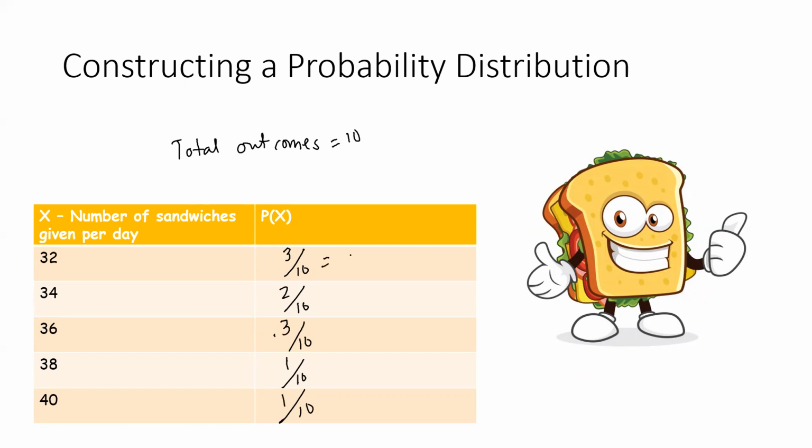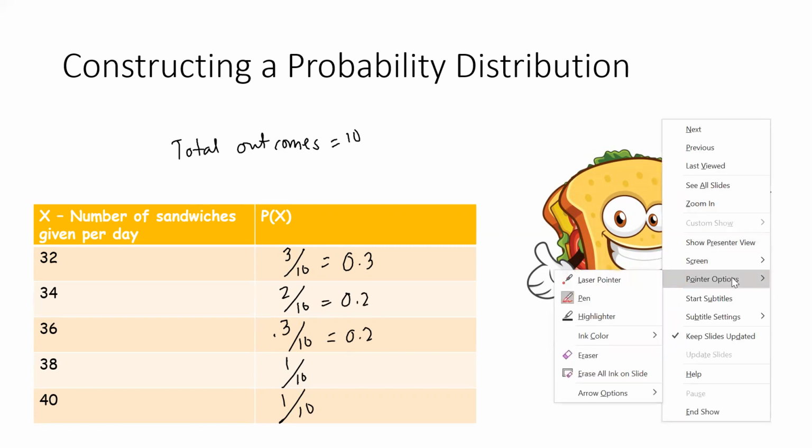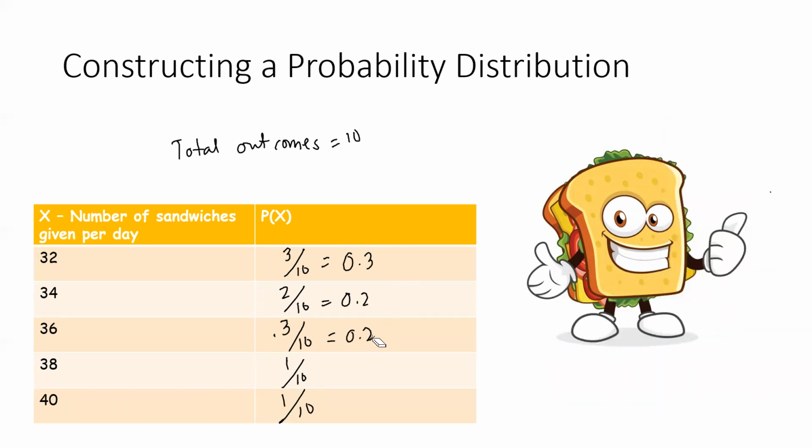We're going to find the decimal form, so it will be easier since I am much more comfortable with the decimal rather than the fraction. Keep on filling up the probability distribution table.